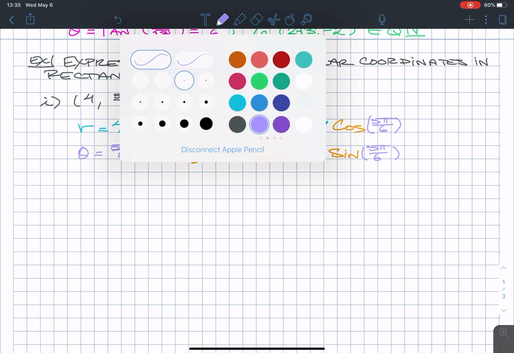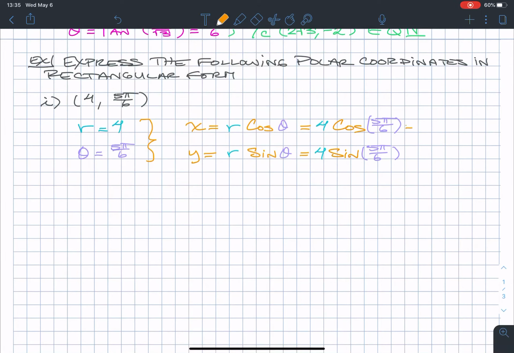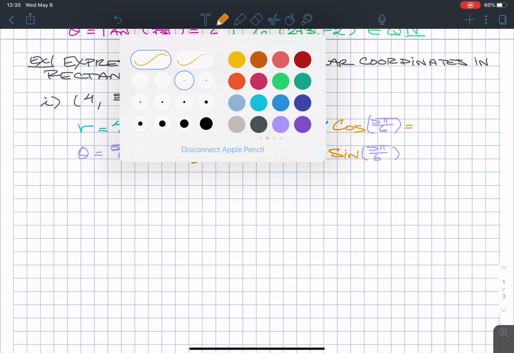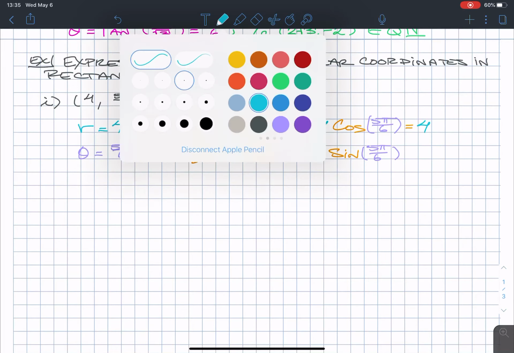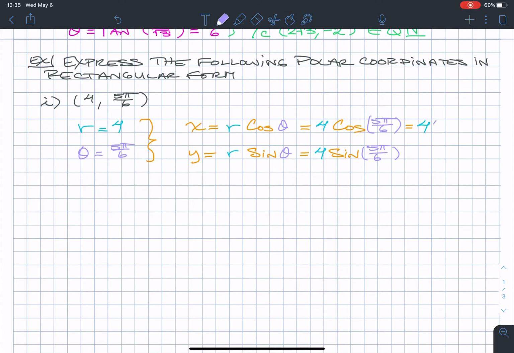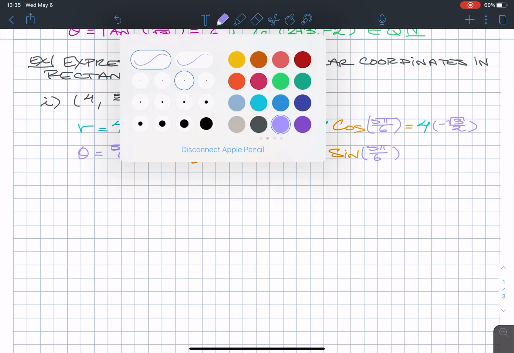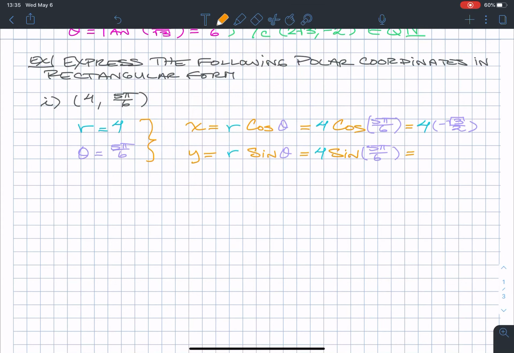Okay, so what do we have? 5 pi over 6 is in quadrant 2, and it's a 30-degree reference angle. So for cosine, that's a negative root 3 over 2. And for sine, that's going to be a positive 1/2.